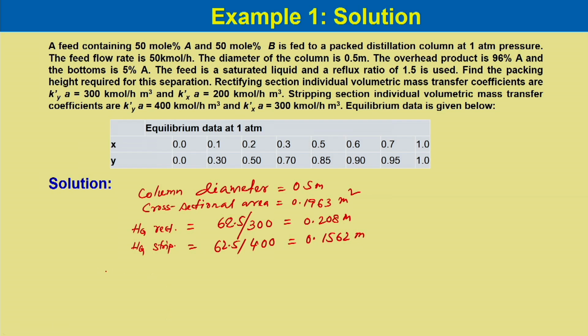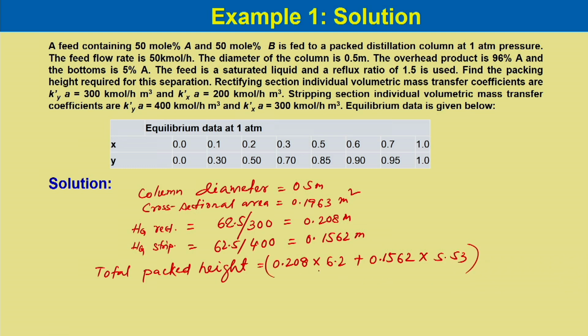Now, the total packed height would be equal to the sum of the heights of the two sections. So, that would be 0.208 into NTG, that is 6.2, plus 0.1562 into 5.53 units.